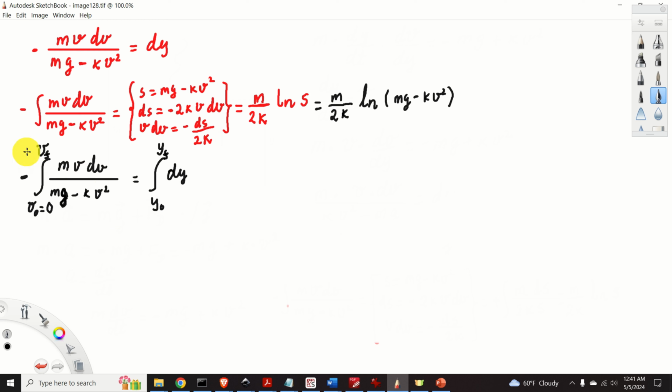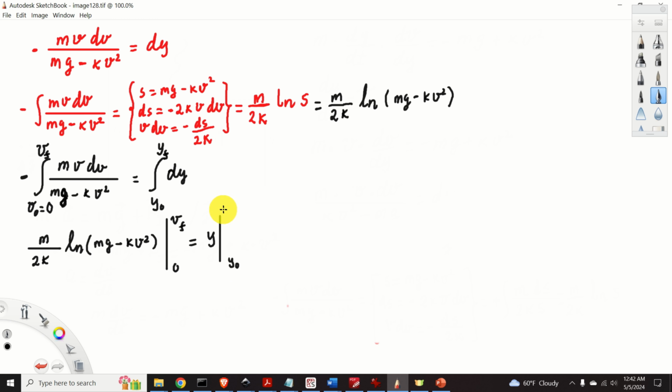Okay, now we have over here that this integral is equal to this term over here. Consequently, we can write m over 2k ln of mg minus kv squared, and then we have the bounds. The bounds are 0 until v final, and this is equal to the integral of dy, simply y, from y0 until y final.